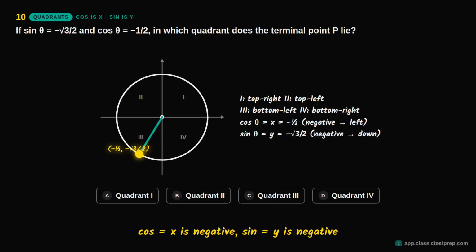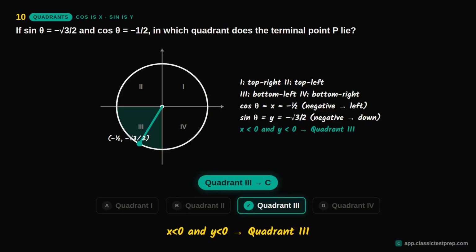And if you've never heard of this before, now you're really confused. But remember, cosine is just x, sine is just y. So here, x is negative, y is negative. The only quadrant this can be in is quadrant 3.